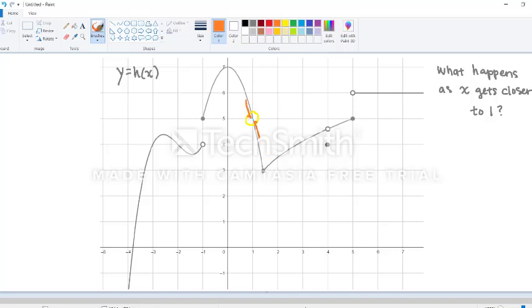In either case, I see that I'm approaching the same location, right? As I get close to 1 from the left, or as I get close to 1 from the right, it looks like they're both going towards the output of 5. So I could say h of x gets closer to 5.